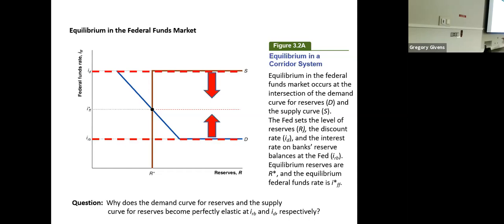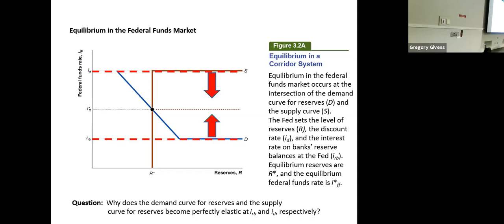Let's say we'll call it IFF star. So the Fed would have to forecast demand conditions in the banking system, and then they would simply have to move around the supply of bank reserves in a way to hit the desired funds rate target, okay?